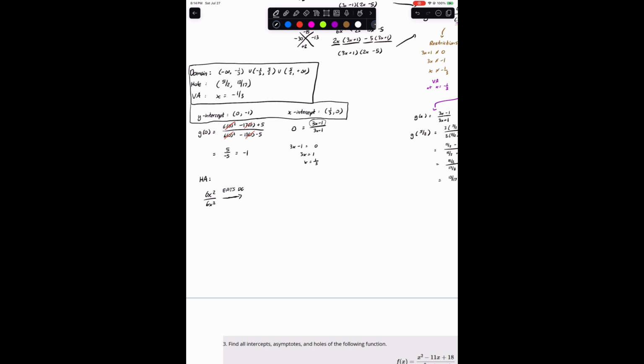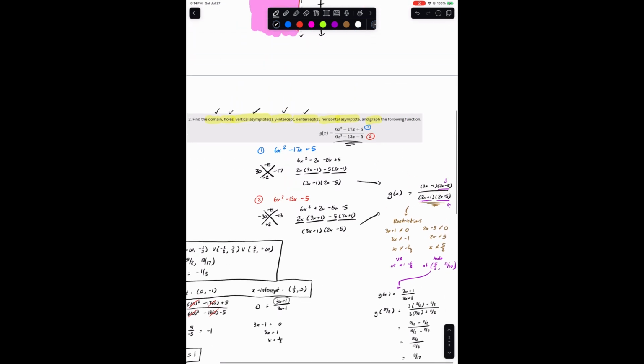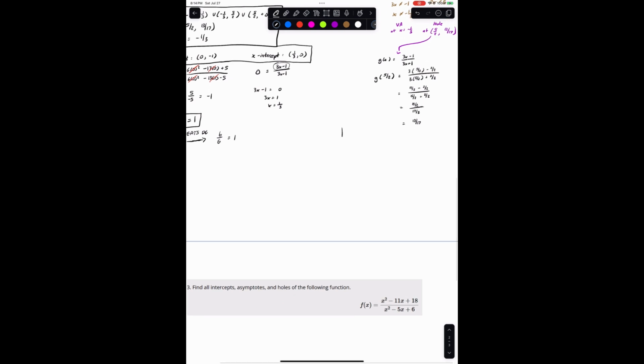Same degree on top and bottom. So we just divide our coefficients. 6 over 6 is 1. So my horizontal asymptote is y equals 1. Okay. Now let's make the graph.